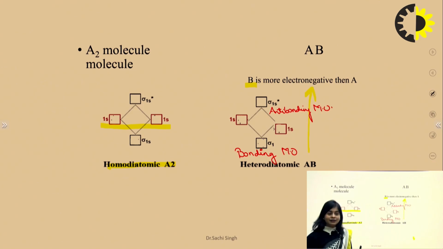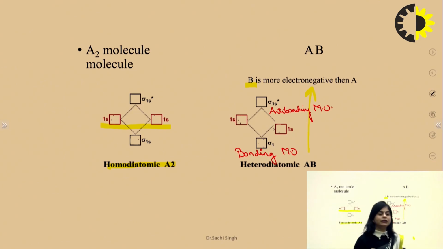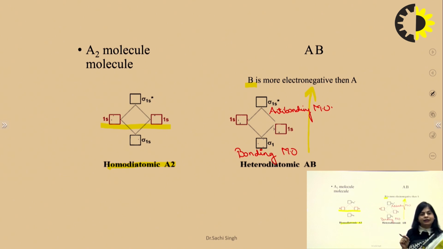So always remember, when you draw the diagram, the electronegative atoms are towards the bonding side, and the electropositive or less electronegative atoms are towards the antibonding side.